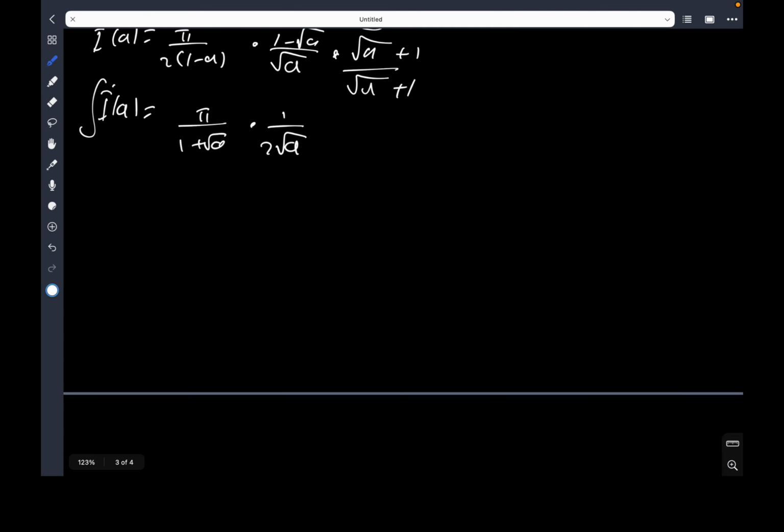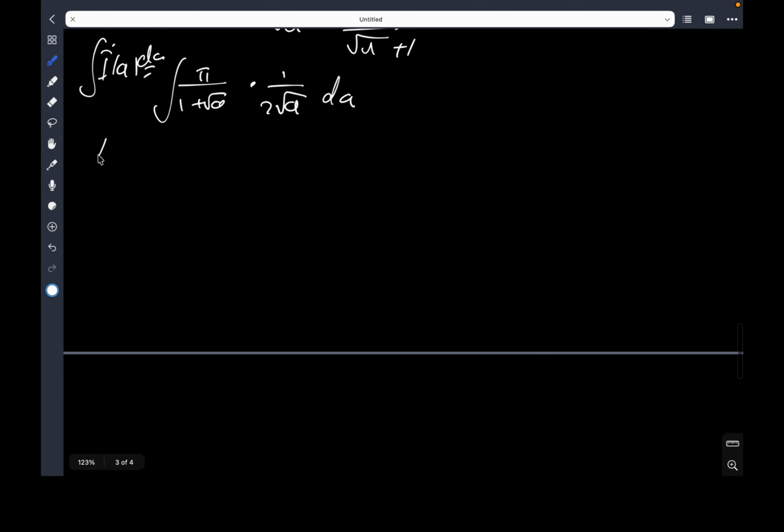And if I integrate both sides now with respect to a, I am going to get I of a equal to pi ln of 1 plus root a plus c, some constant of integration.